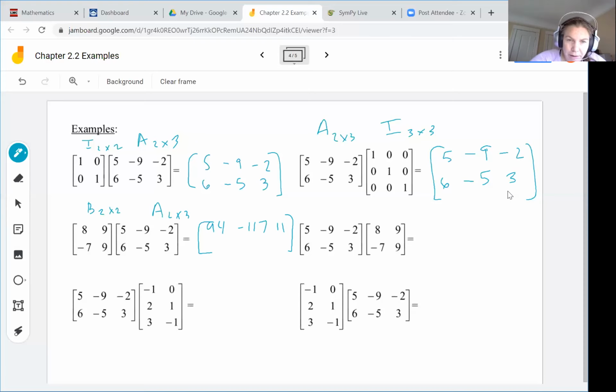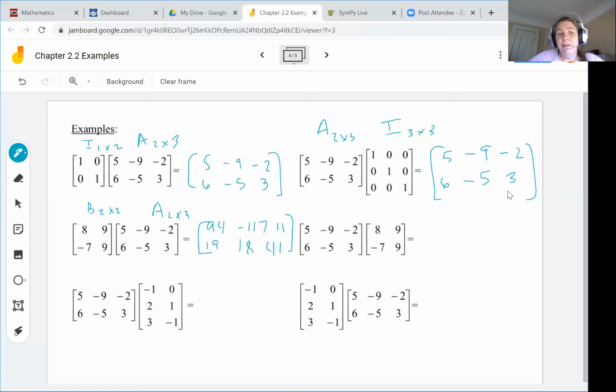So this works out to be 19 when we sum those up. Negative 7 times negative 9 is positive 63, and 9 times negative 5 is negative 45. So those add up to be the 18 there for us. And then negative 7 times negative 2 is a positive 14, and 9 times 3 is 27. So that gives us a positive 41 here.